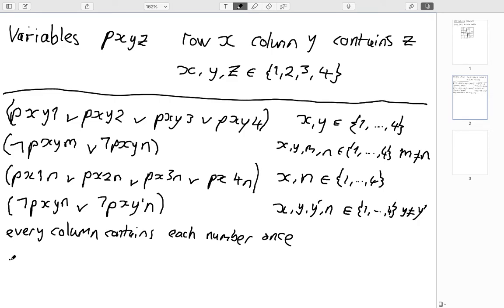So again, we also want 2 sets of clauses that between them say that every corner 2 times 2 square contains each number once.